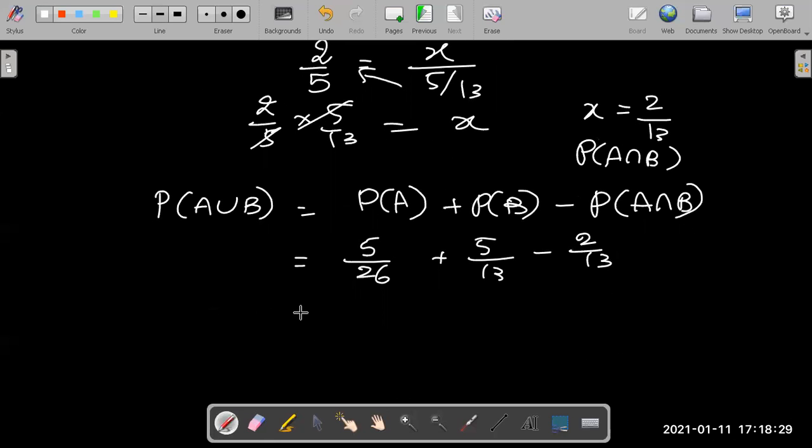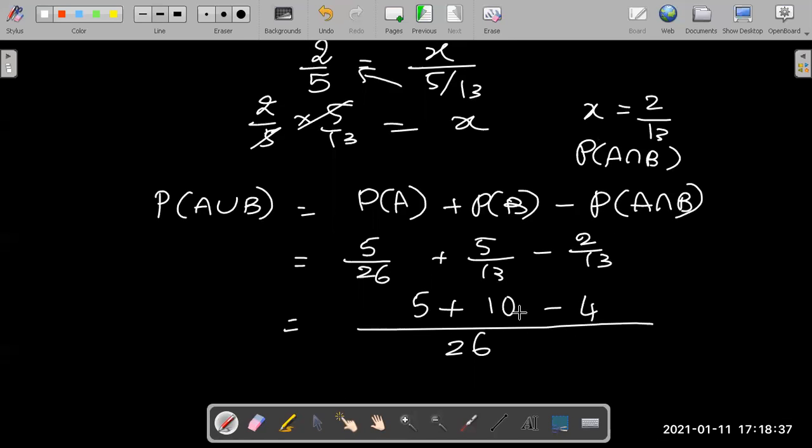So doing these fractions, LCM is 26. 5 plus 10 minus 4. So you got 11 divided by 26. Understood? Yes, sir. Okay.